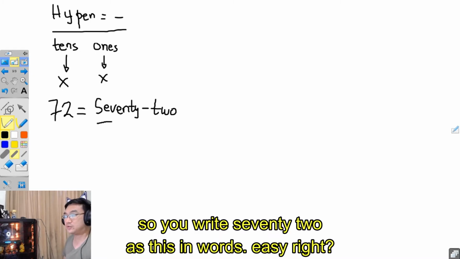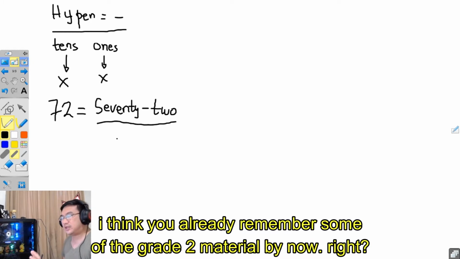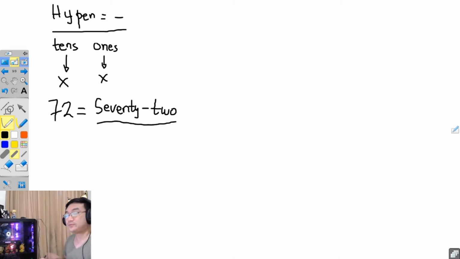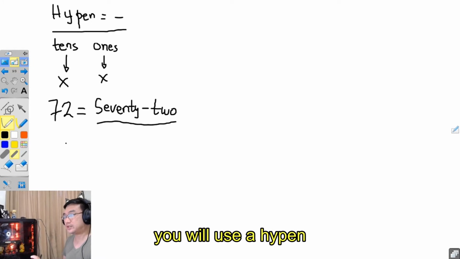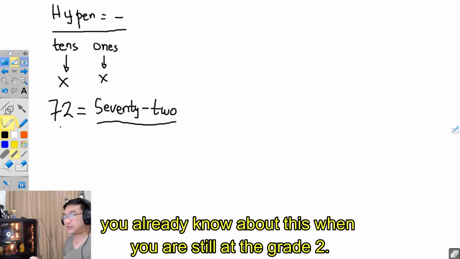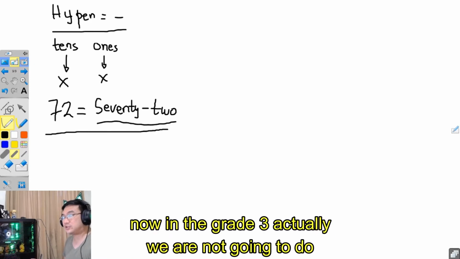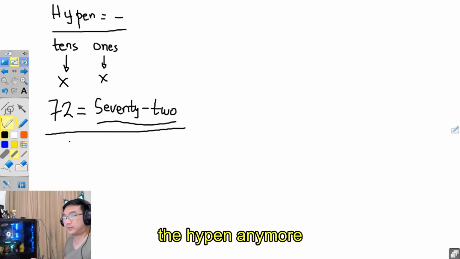So you write 72 like this in words. Easy, right? I think you already remember some of the grade 2 material by now, right? So in this part, 72, you will use a hyphen. You already knew about this when you were still in grade 2. Now in grade 3, actually, we are not going to do the hyphen anymore.